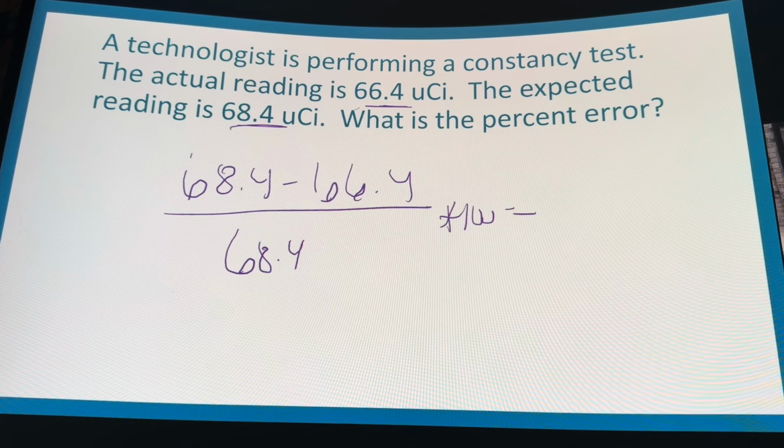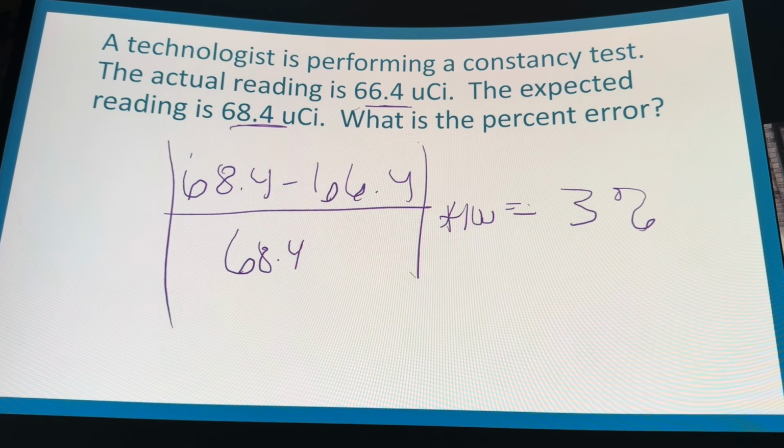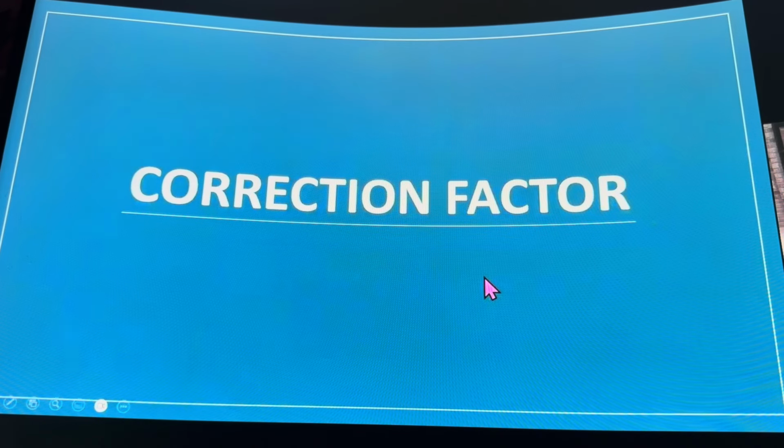And I get 3%. By the way, this is an absolute value. So if in your numerator your expected is less than your actual and you end up with a negative number, absolute value means disregard that and make it positive. It'll always be positive.